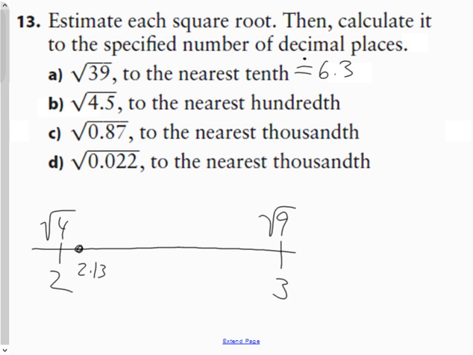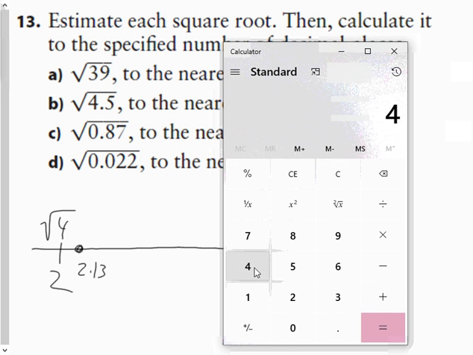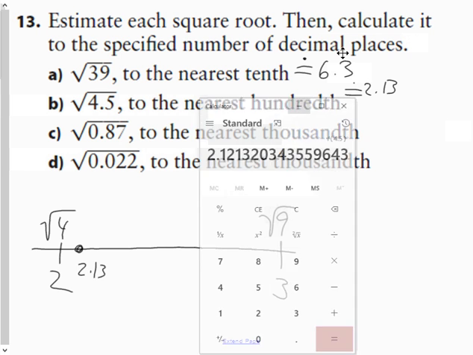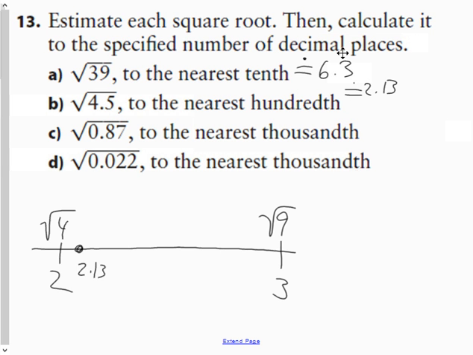I don't know, maybe. And if I take my calculator and ask what is the square root of 4.5? It's 2.12. I was so close. The actual calculation is 2.12, but my estimation was pretty close.